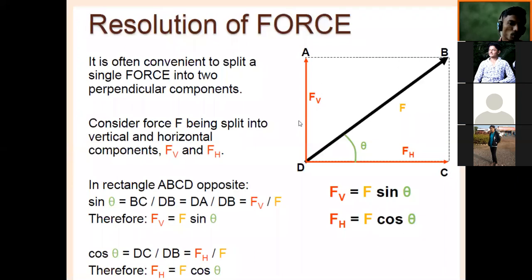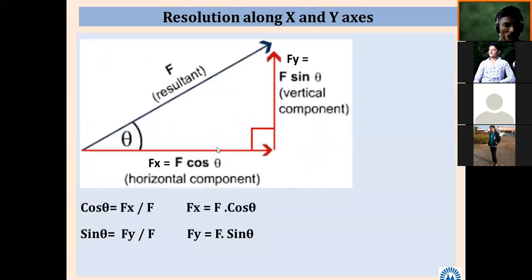So, resolution of force. At the end of the lecture, I told you that once a particular force makes a certain angle with a particular axis, the word "along" is important now. Along that axis, we have to take cosine.